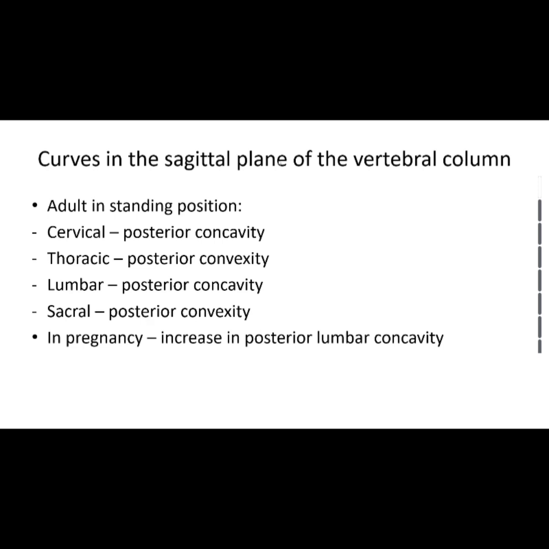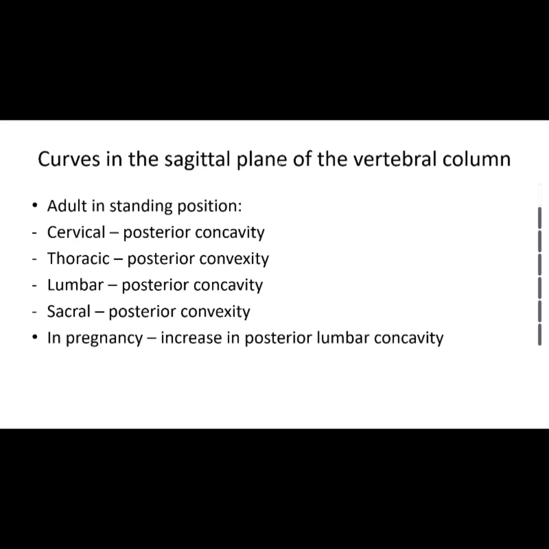The lumbar, from posterior, will be concave, so posterior concavity. The sacral region will be the same as the thoracic region, a posterior convexity. So the cervical and lumbar regions are similar, both posterior concavity, and the sacral and thoracic regions are both posterior convexity.